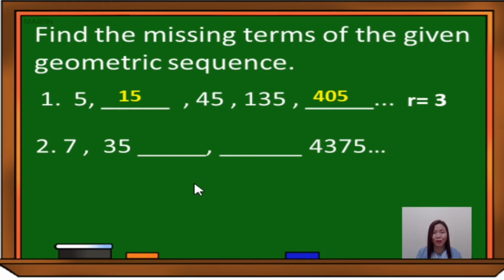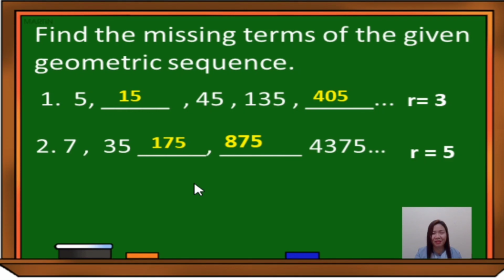So therefore, the common ratio is 5. So if the common ratio is 5, so therefore, what are the missing terms? The missing terms are 175 and 825.